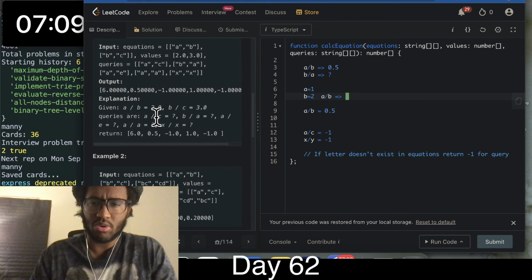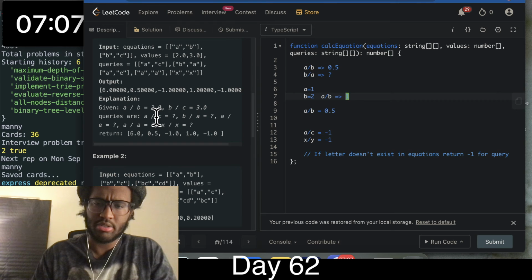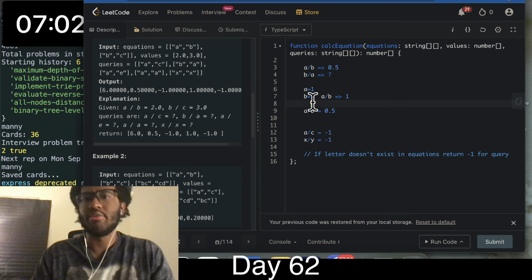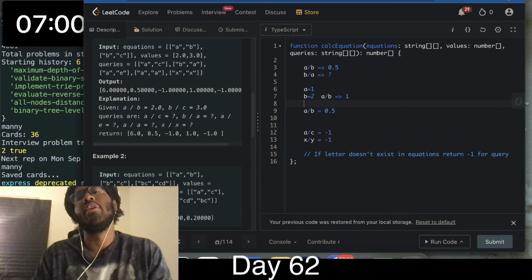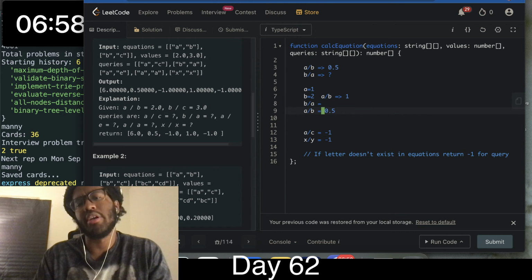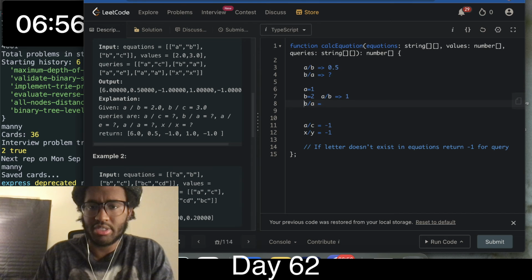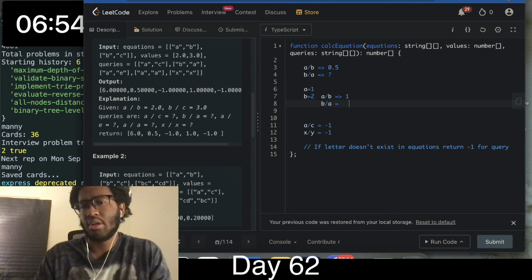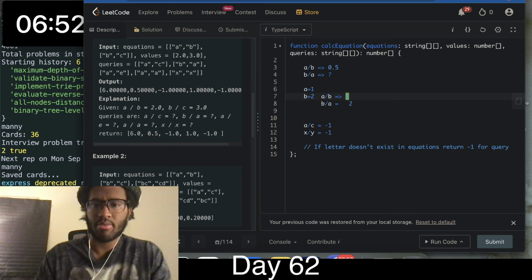For b equals 1, and b over a in this example would be equal to 2.